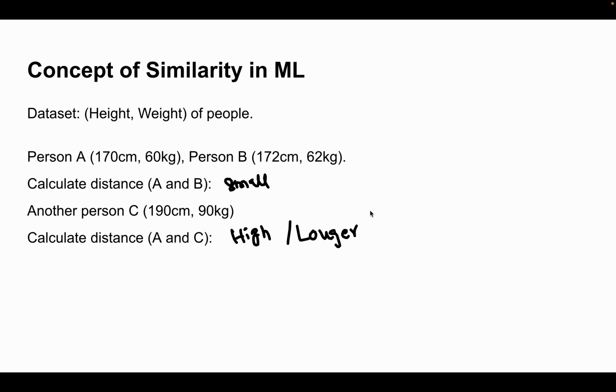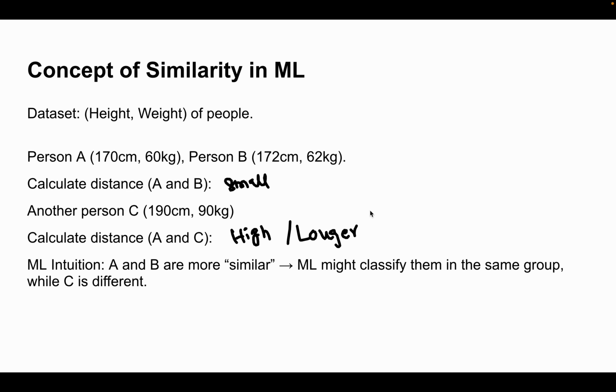So machine learning says that if persons A and B belong to one group, C belongs to a different group. So distance is equal to similarity measure. The closer the points, the more similar the objects, and the farther the points, the more different the objects.